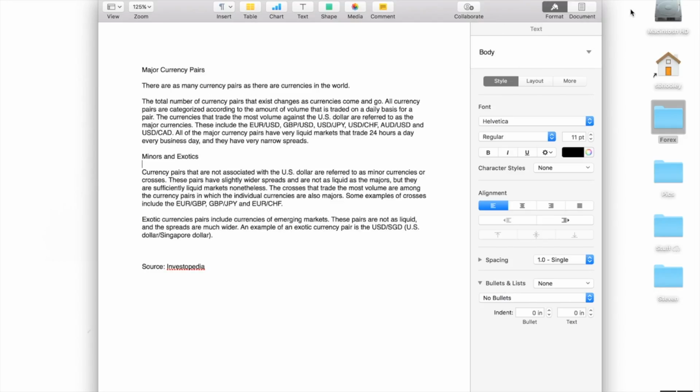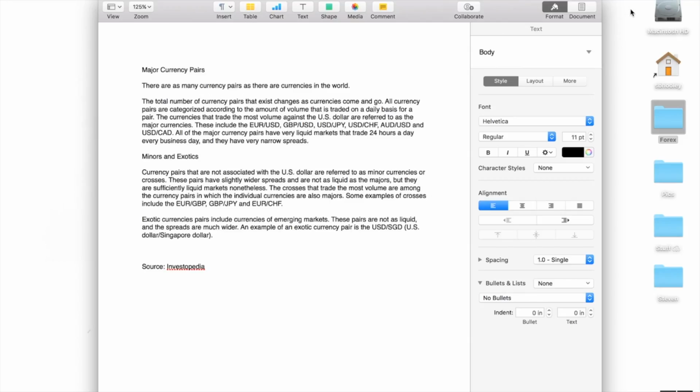So let's move into minors and exotics. Currency pairs that are not associated with the US dollar are referred to as minor currencies or crosses, cross pairs. These pairs have slightly wider spreads and are not as liquid as the majors, but they are sufficiently liquid nonetheless. And that's what I was saying earlier, currency pairs like GJ. I know traders that literally bank off of GBP/JPY, GJ.